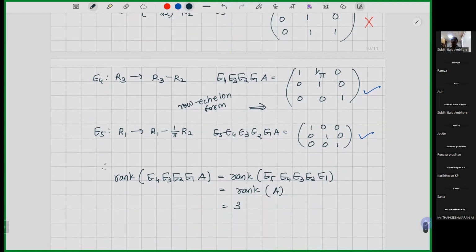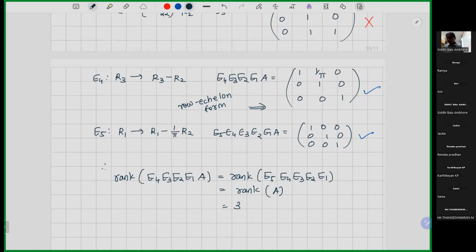But if you are converting a matrix to its row echelon form, then the number of non-zero rows will give you the rank of the matrix. So note that is the thing. If you convert the matrix to its row echelon form and then calculate using its columns, then that might create a problem. Is it okay?